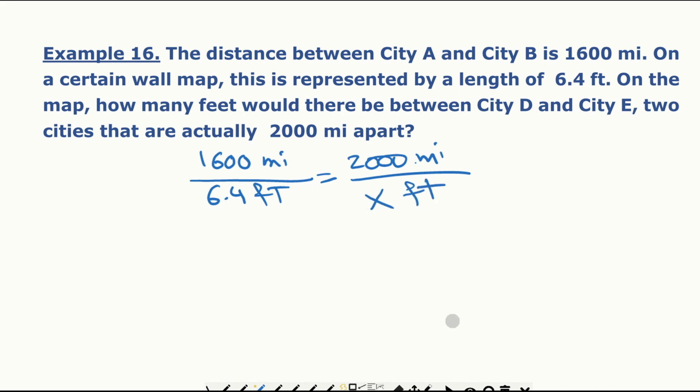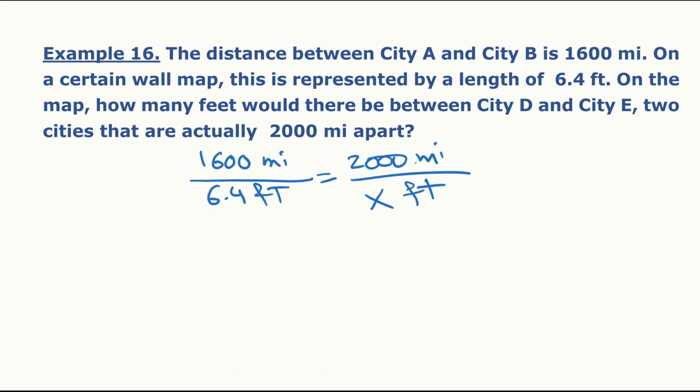This is one of the most useful types of applications in mathematics. You'll use it in all kinds of different scenarios. Proportions are extremely useful. All right, so now we will go ahead and just cross multiply and solve, and that can be easily handled.